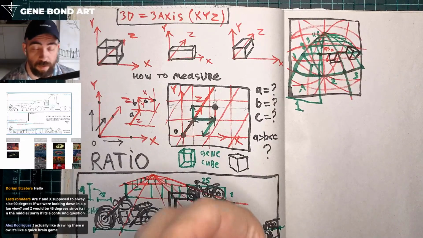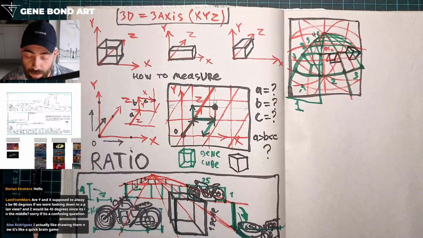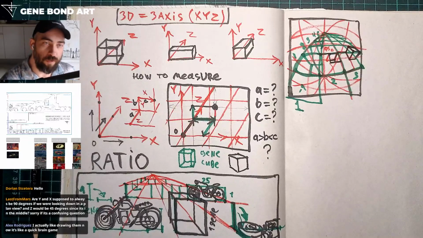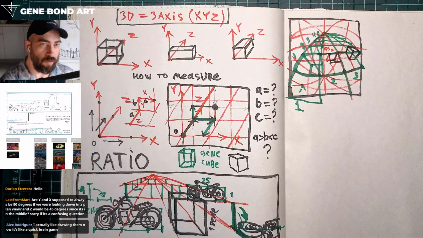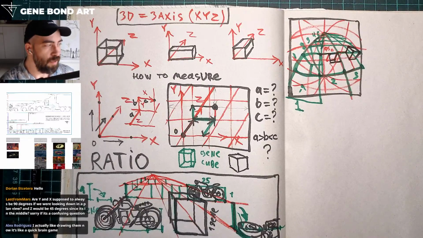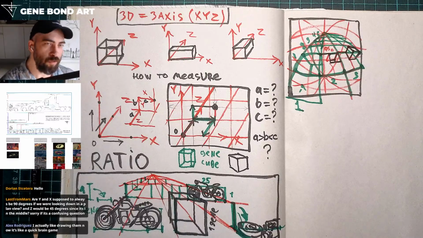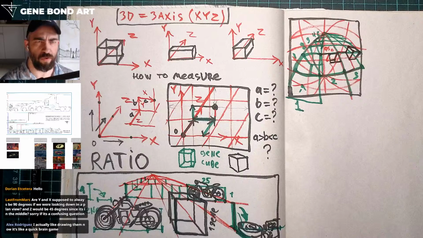So, for example, let's say you want to draw a street, or you want to draw a house interior. So what will be the size of your interior? Let's say the general shape of your interior, this room: is it a perfect cube, or is it more like a box?